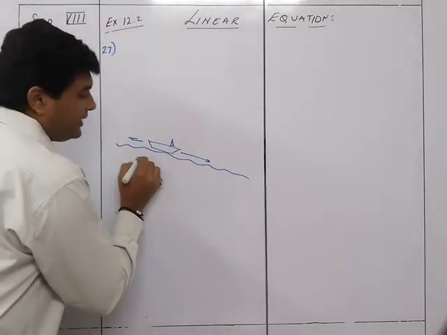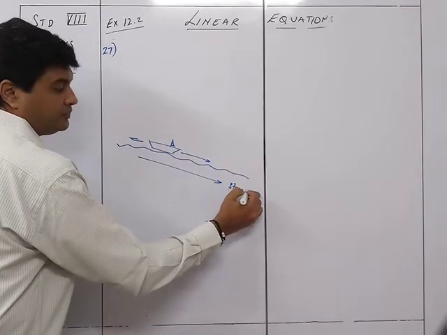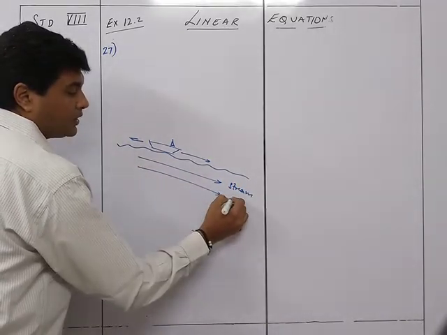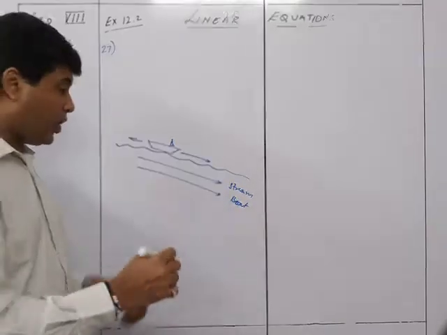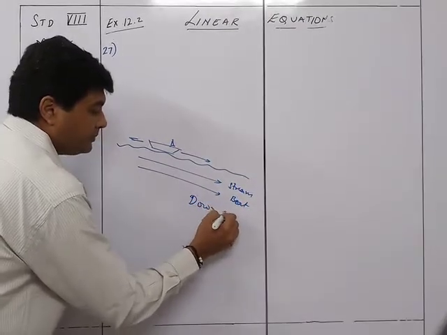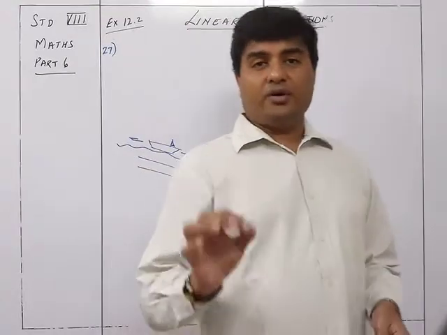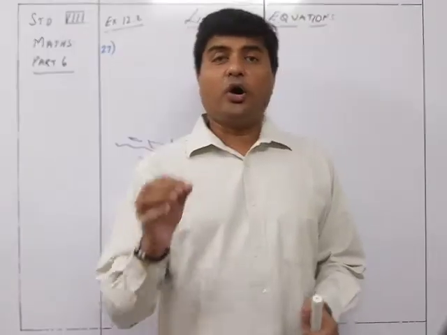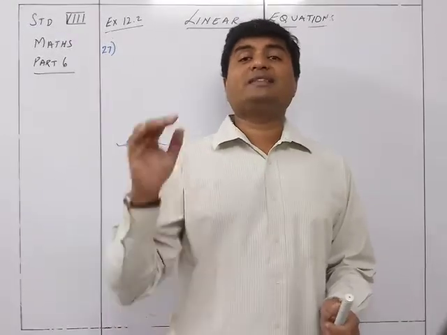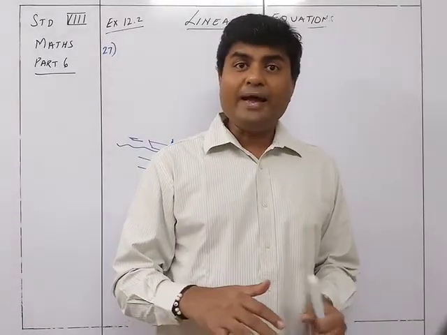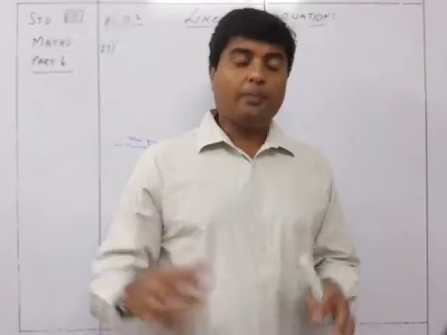When it is traveling here, the flow of the stream is in this direction, and if the flow of the boat is also in this direction, then it is called downstream. If the direction of the river or stream and the direction in which the boat is traveling is the same, then it is called downstream. Why? Because the stream is giving it the force of pushing it forward in the same manner.